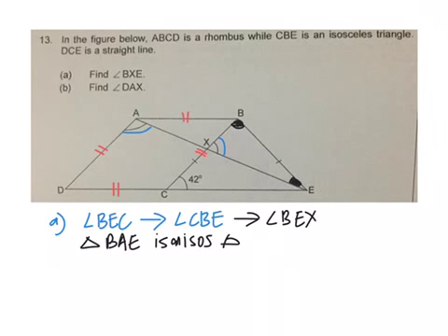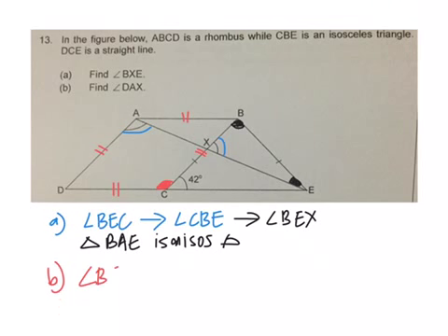Now for question B, we are supposed to find angle DAX. DAX is this angle over here. So first of all, you need to be able to find angle BCD. Are you able to find angle BCD?